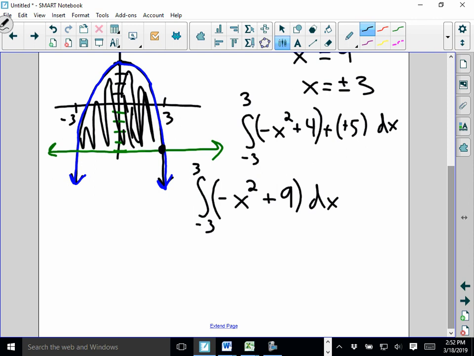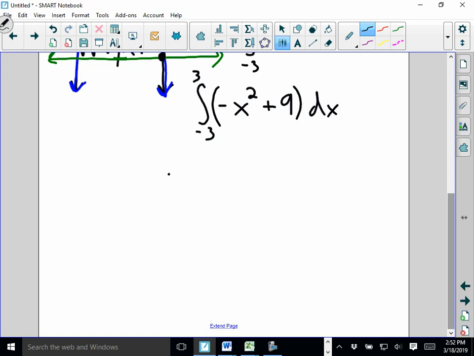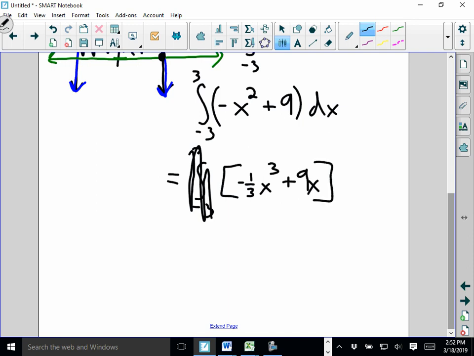Solving this thing out. It's already simplified, so I'll go straight to the brackets, and I'll have a negative 1/3 x cubed plus 9x. Make sure you do a good antiderivative. Now I have to plug in 3 and negative 3 and subtract these things.